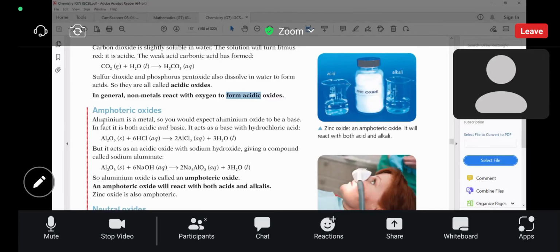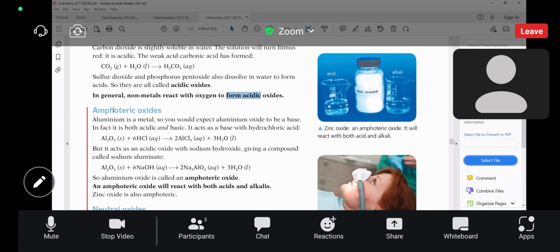Now, amphoteric oxides. So aluminium. I already told you, Al2O3 is the best example for an amphoteric oxide. Aluminium is a metal, so you would expect aluminium oxide to be a base. In fact, it is both acidic and basic.